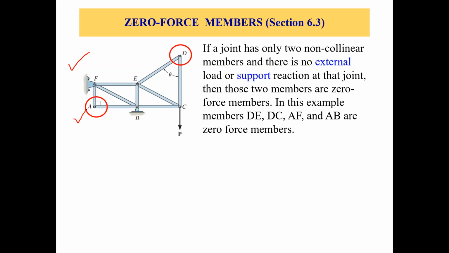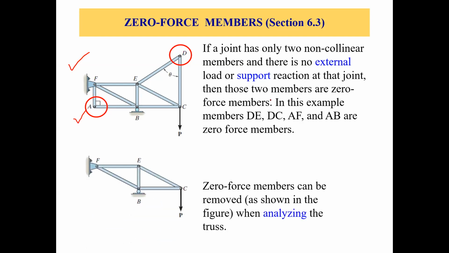We need to take this important information into account, because when solving truss problems, if you can make out that there are 2 or 3 or 4 or even 1 zero force member, it simplifies your analysis. Now that was the first condition.